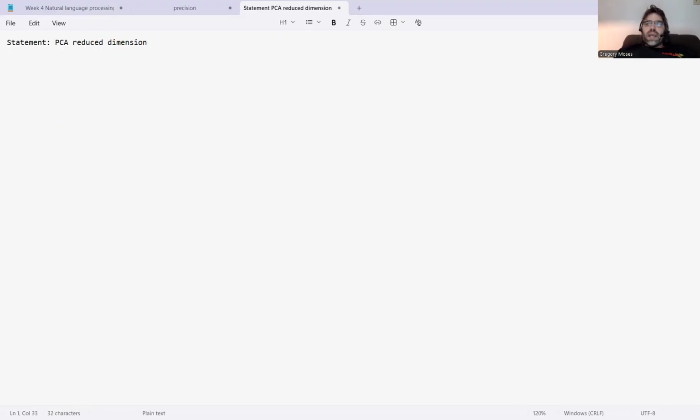We have a way of reducing dimensions. We can replace our current axes with the first few principal component axes, and we can reduce the dimension that way.